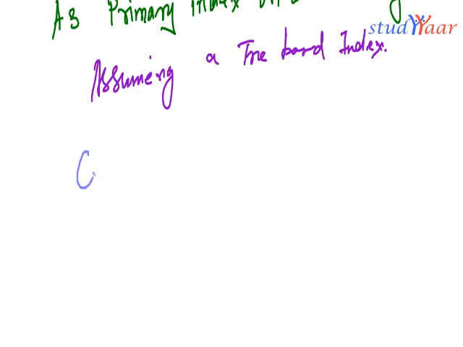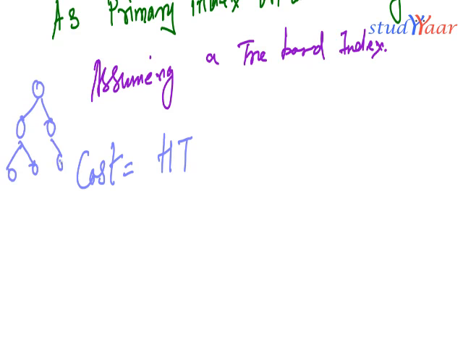Okay, so what is my cost over here? Cost is in terms of blocks that I am reading. So the cost is the height of the tree. Let's suppose per level I store the nodes in a block. So if my tree is something like this, in the worst case I have to reach the 3rd node, so I am going to make 3 block accesses, 1st, 2nd and 3rd over here.